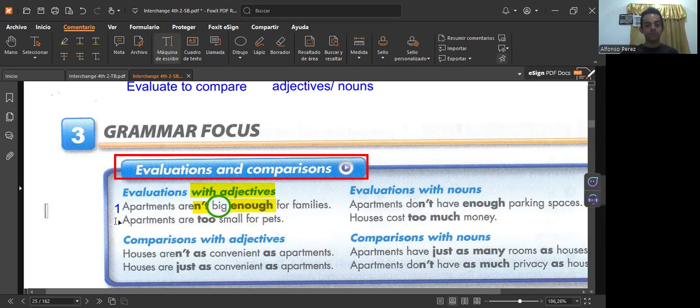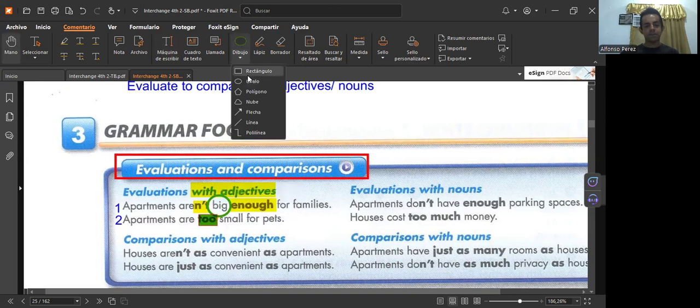Then we have number two. Apartments are too small for pets. We have the word too. Let me use another color. I'm using the green color. And we have the adjective here. We underline too small.